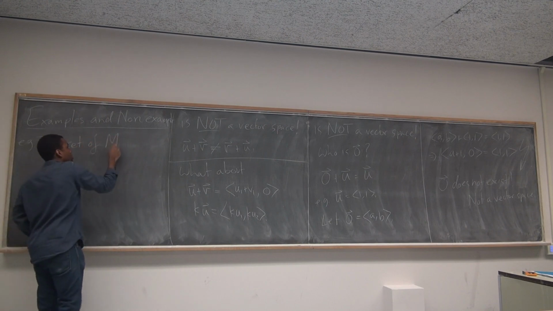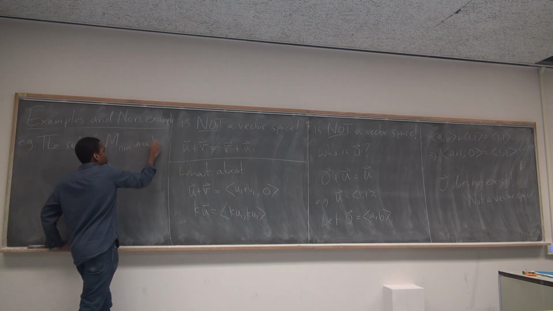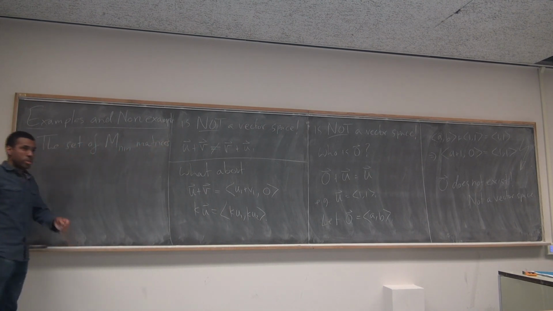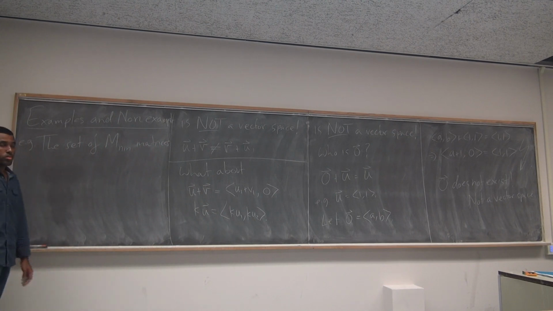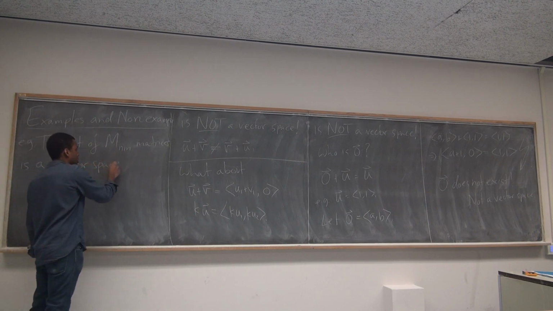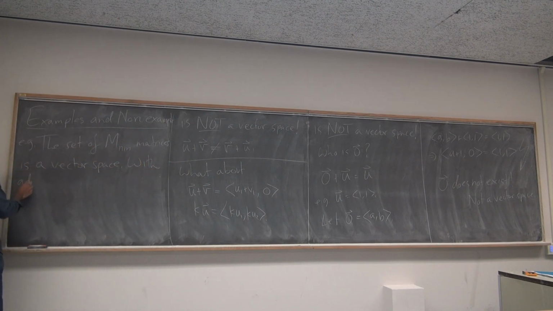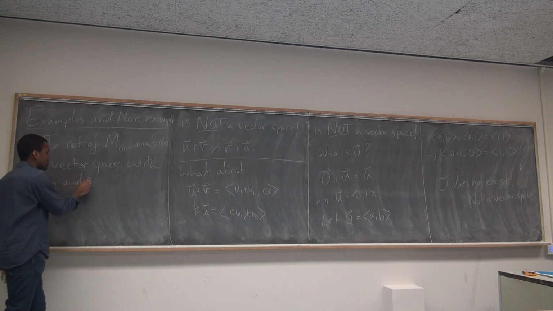The set of n by m matrices. Vector space or not a vector space? It is a vector space, with addition and scalar multiplication defined in the usual way.